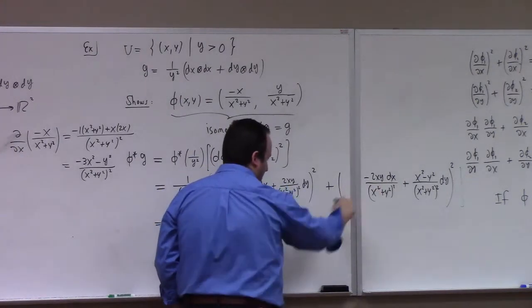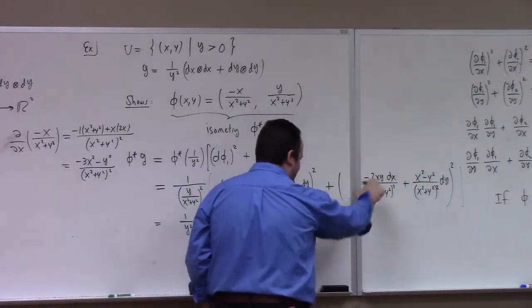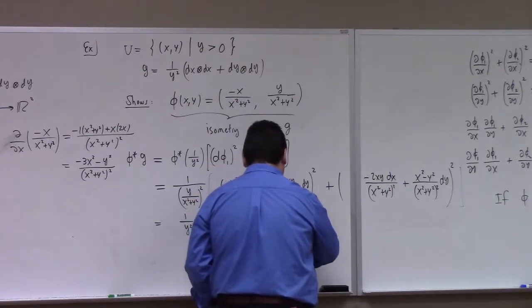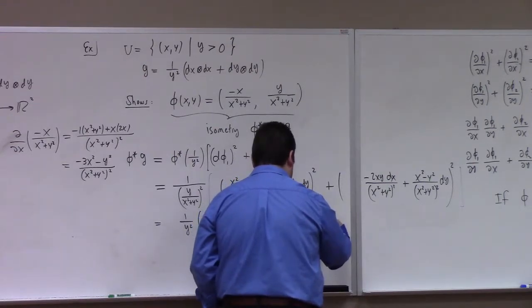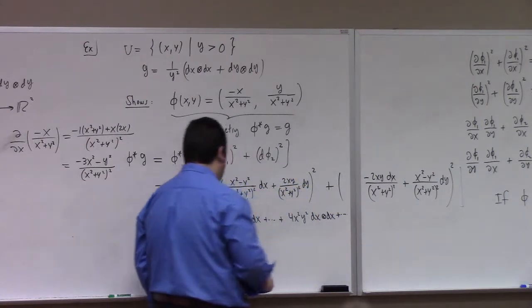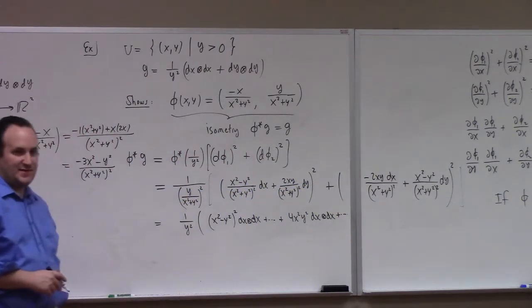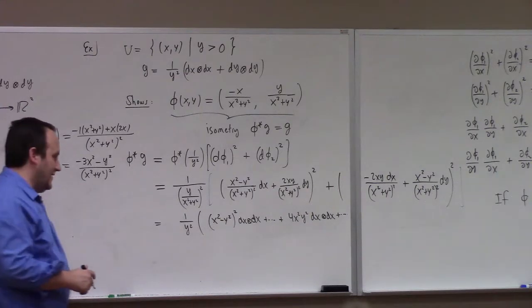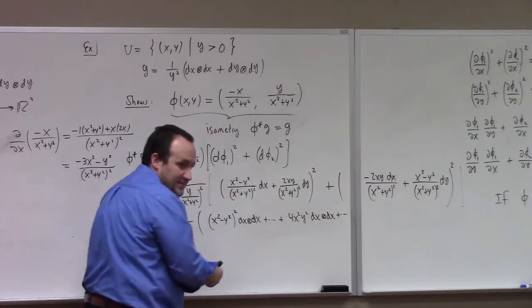And then from this term, we get a 4x squared y squared dx tensor dx, plus other stuff. I'm just focusing on the dx tensor dx piece because I've lost patience for the rest. And so when you square this out, what happens?